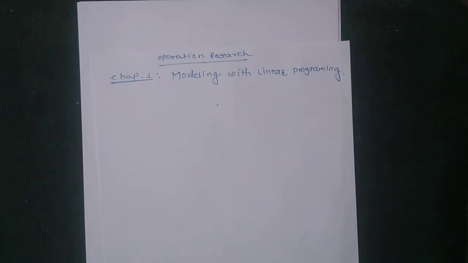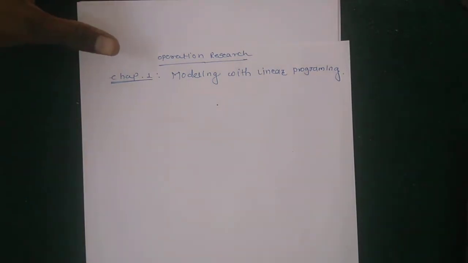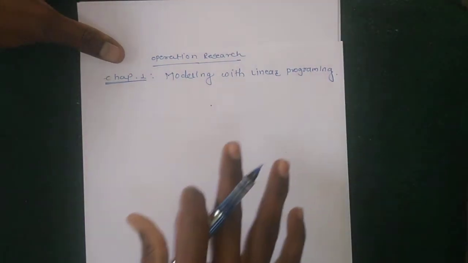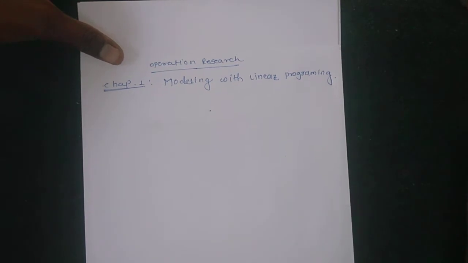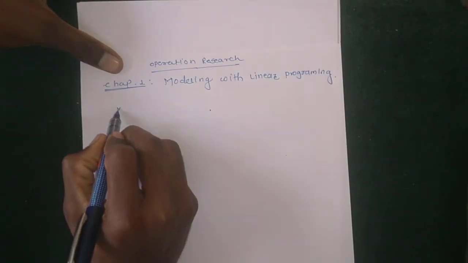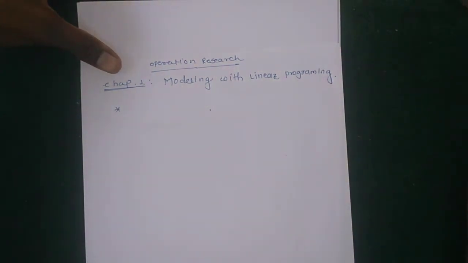First we discuss the general structure of the linear programming model, that is, how to write the general form of LPP, linear programming problem. So I will directly start this chapter.